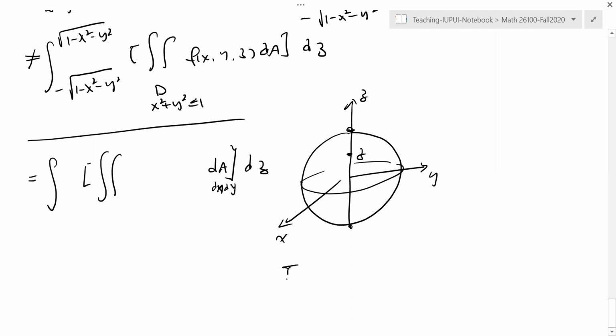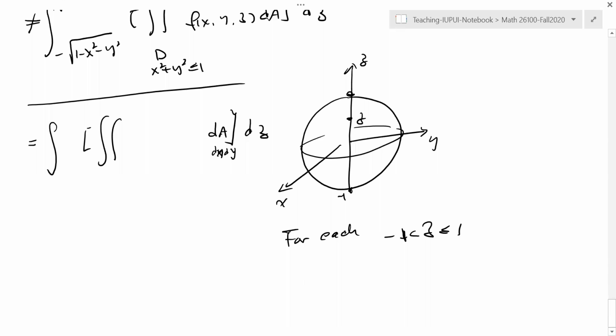So for each z between 1 and -1, because look at this, the lower bound is negative and the upper bound is positive. So how can I cut this ball? I use a horizontal plane to cut through. So this is my D, but it depends on z.